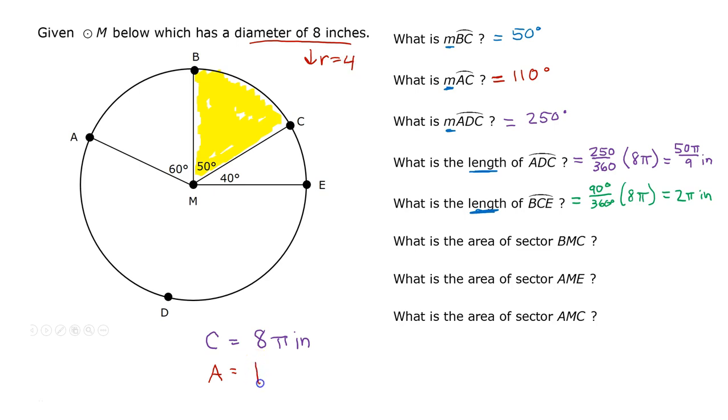So that's going to be 16 pi square inches. So this being 50 degrees of a full circle.